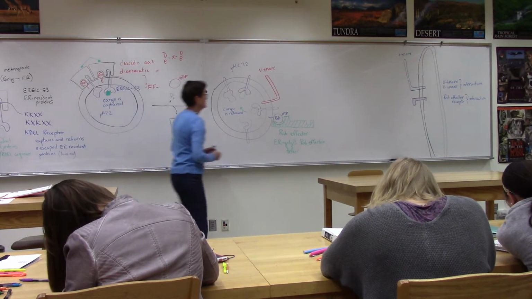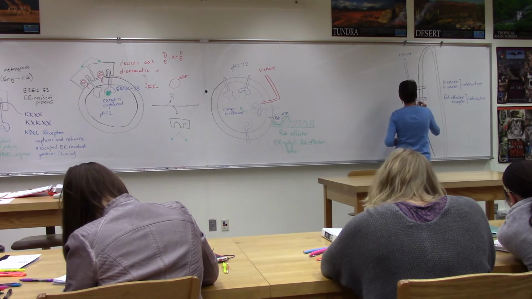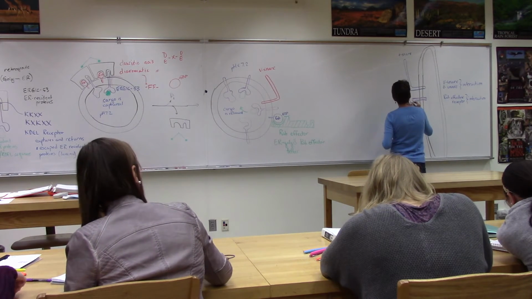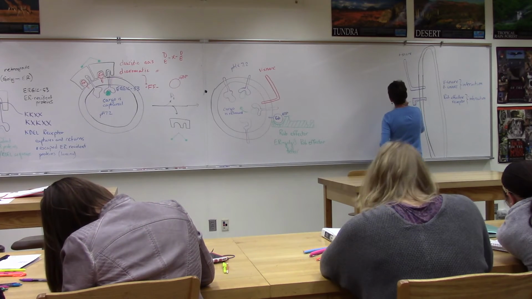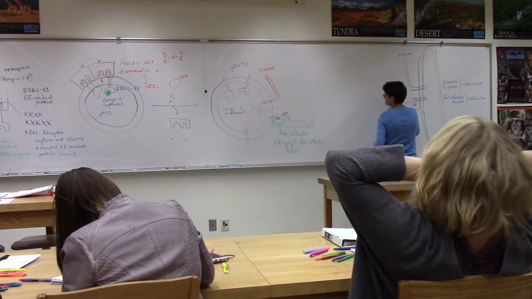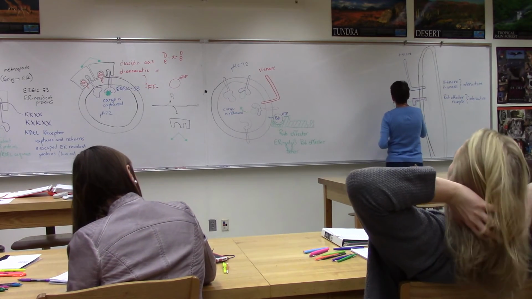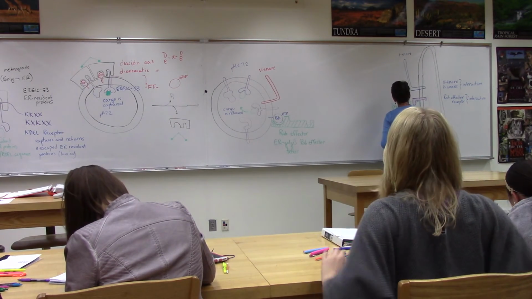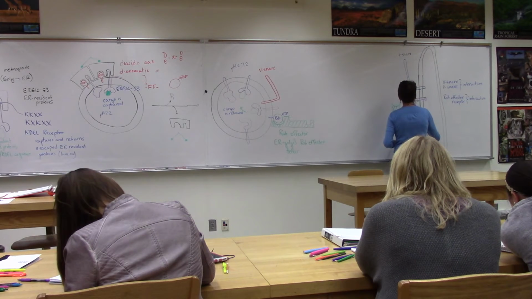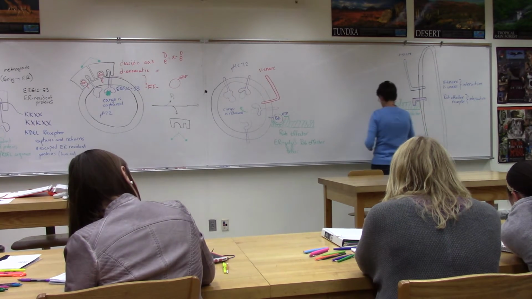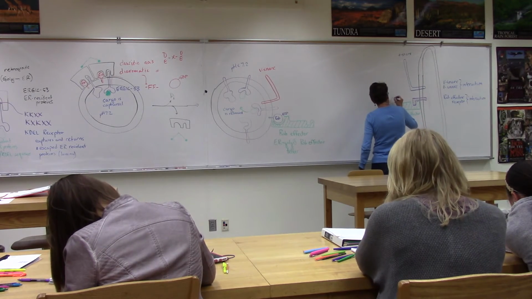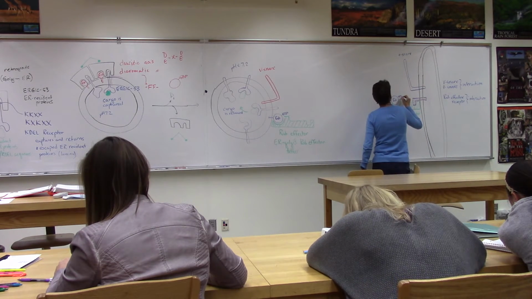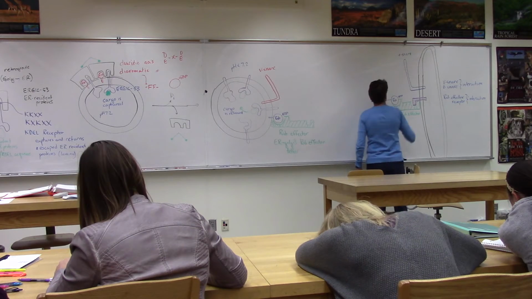So let's draw this. Here's the RAB. There's this prenyl group.